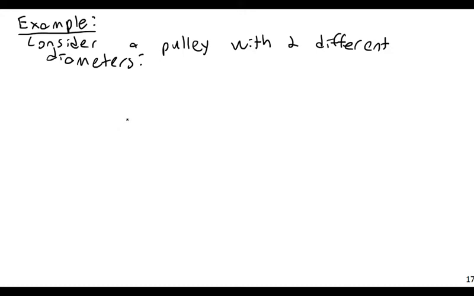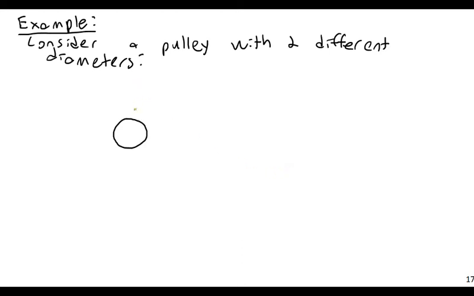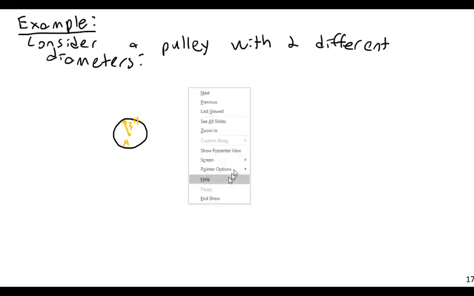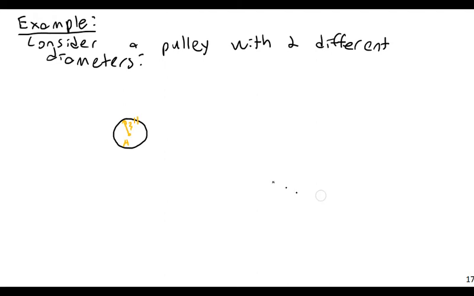I have an inner radius of 3 inches, and this is going to be point A, the center of the pulley. Then I'll have an outer radius of 5 inches. I shouldn't say diameter. If I can show you radius, that's a really bad circle.